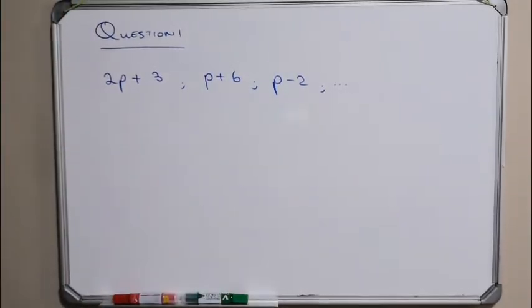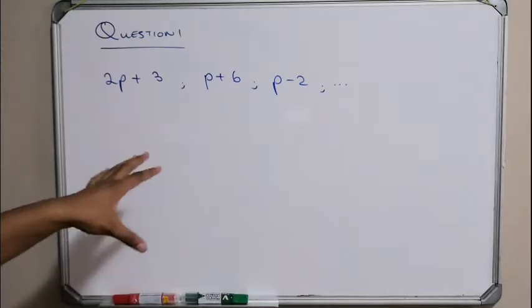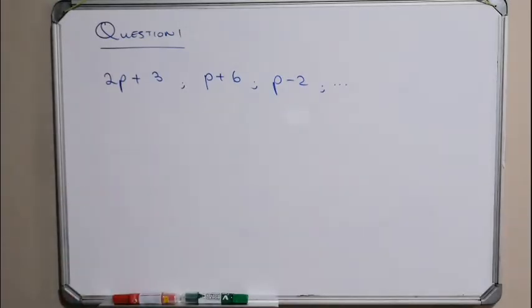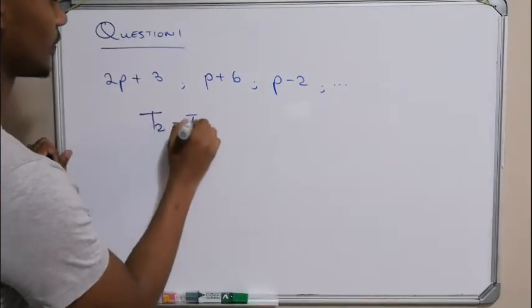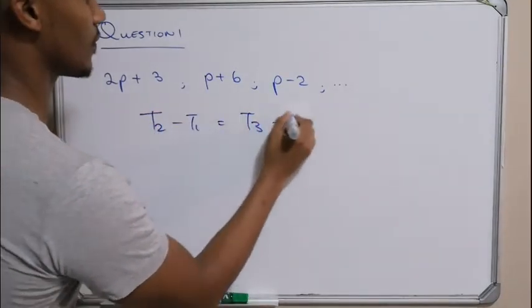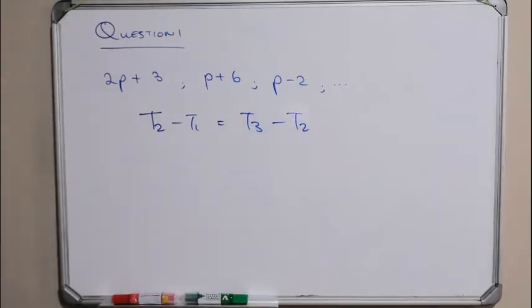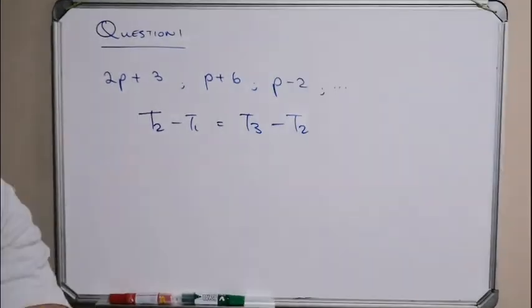Okay, so with this arithmetic pattern, we notice that term 2 minus term 1 is equal to term 3 minus term 2. So now we can just go ahead and substitute our values in.